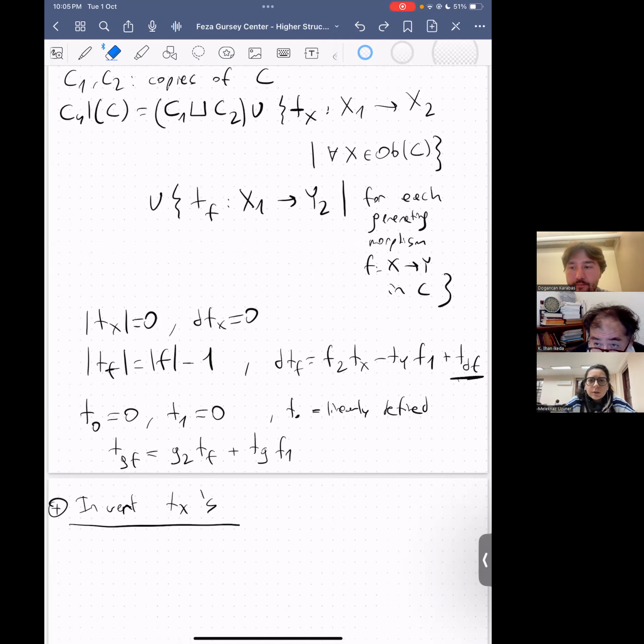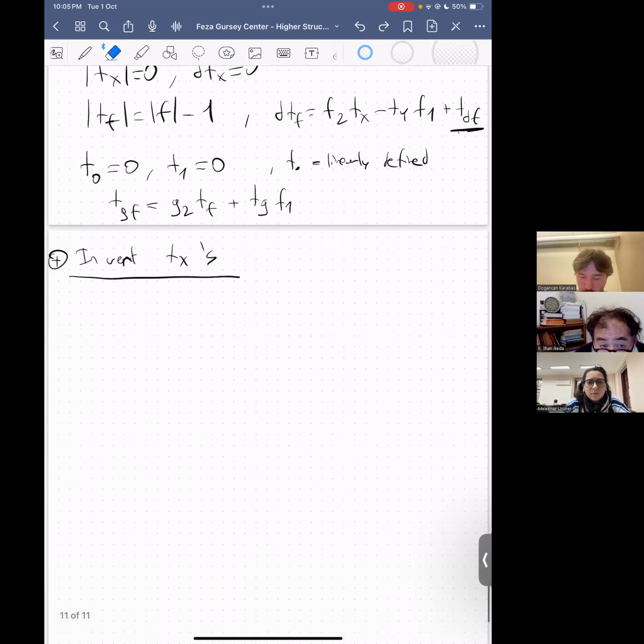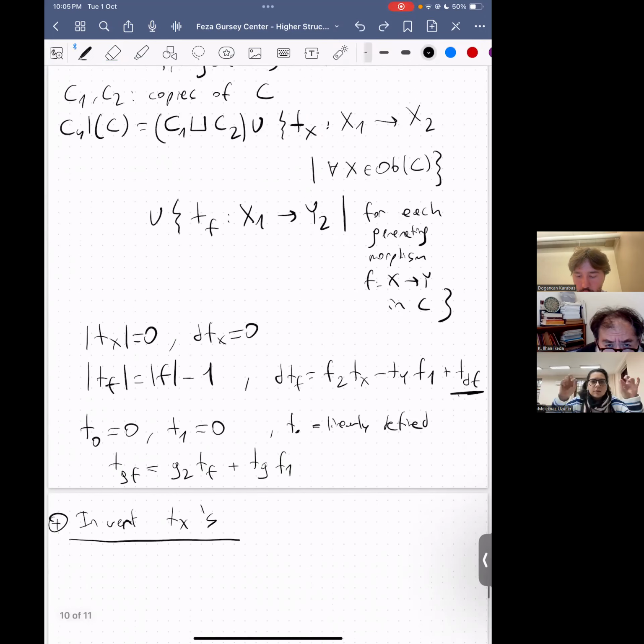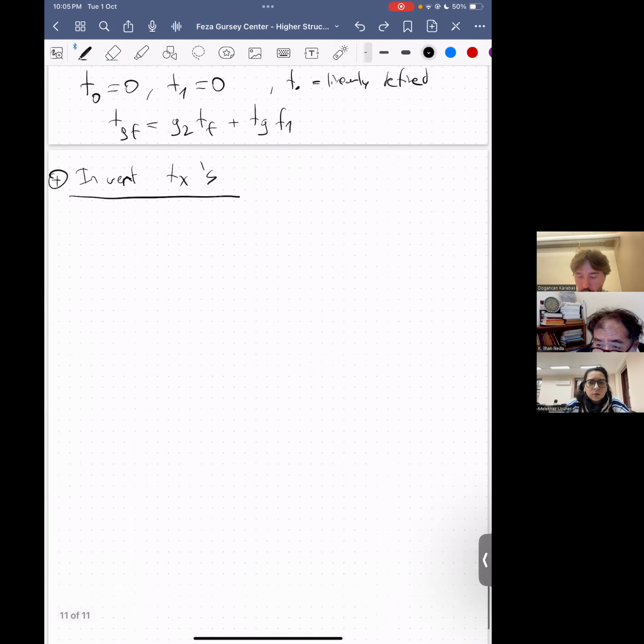May I ask a question? Yes. Actually, I couldn't relate why these cylinders in this setting of semi-free categories are maps, but not, for example, lines. So you mean these morphisms? Yes.